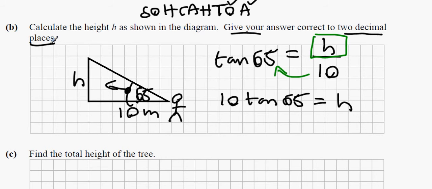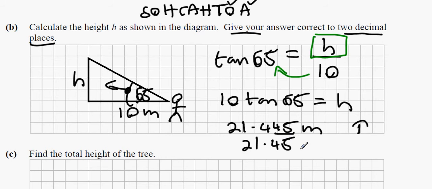So it's going to be 10 tan 65, and that's going to give me 21.445 meters. Remember, 45 will get rounded up to 50, so it's going to be 21.450 meters. We don't need the 0, so we just want 21.45 meters.